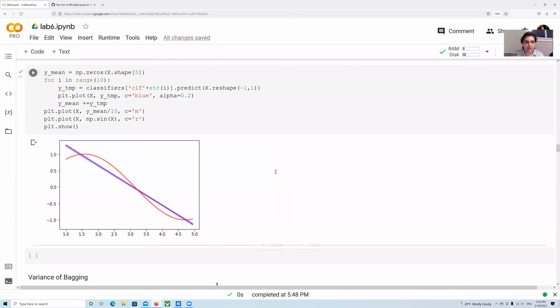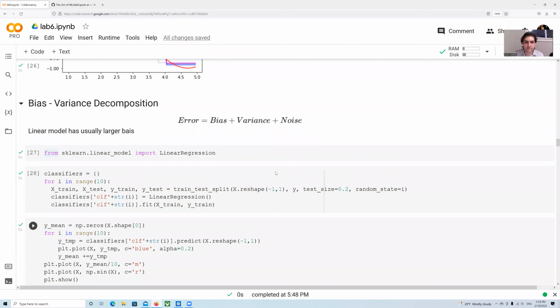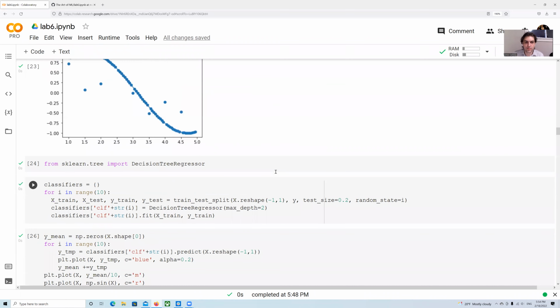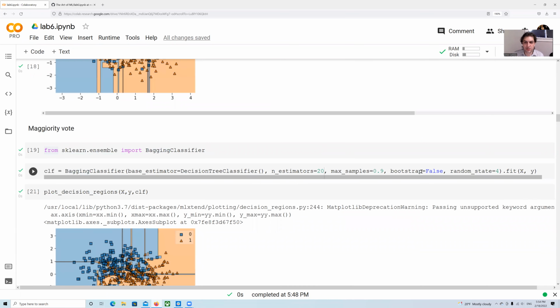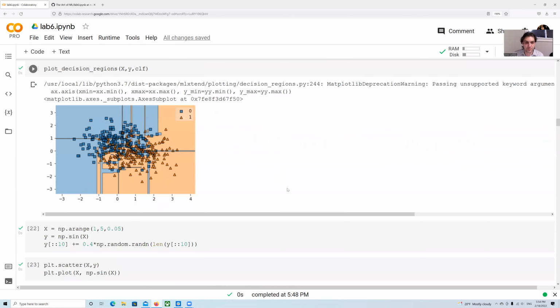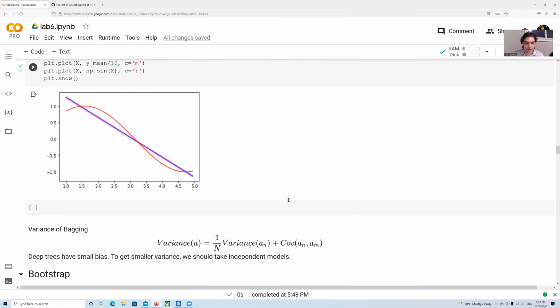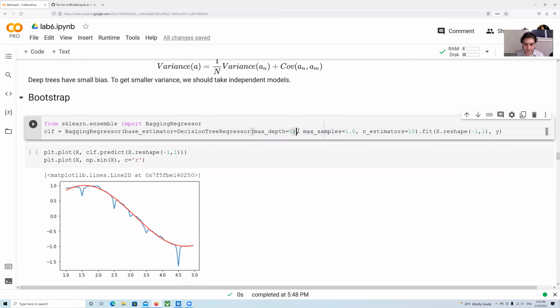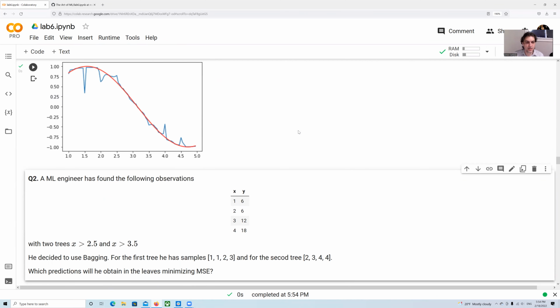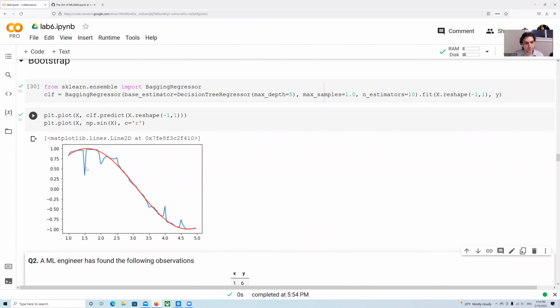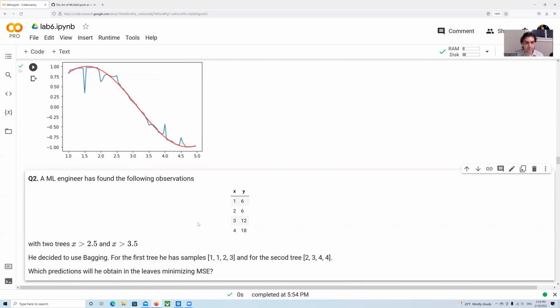You remember in the previous case, I used this parameter Bootstrap equals false. By default, it's true. So here is the result of Bootstrap aggregation for our sinusoid.